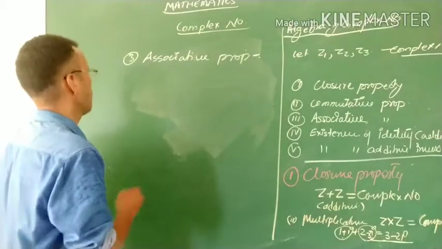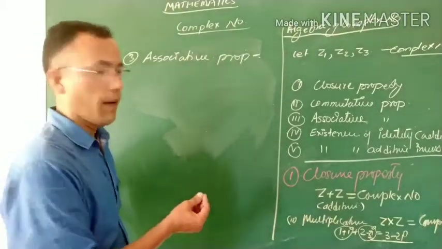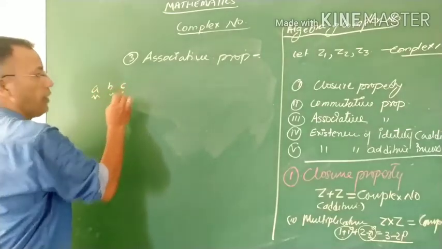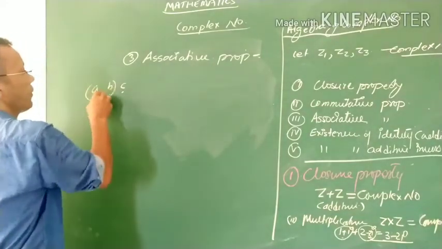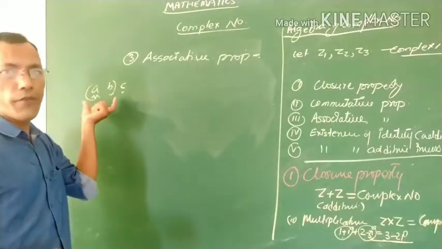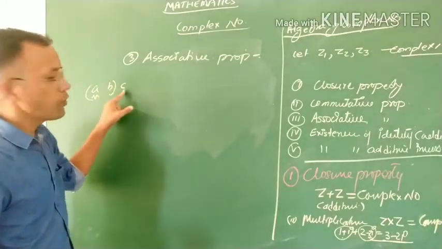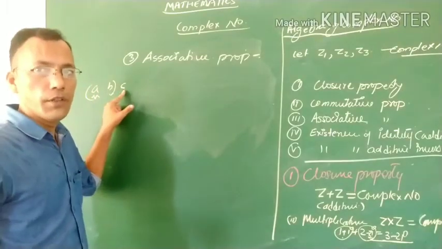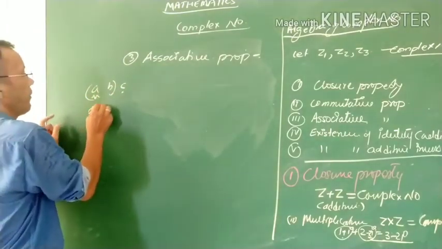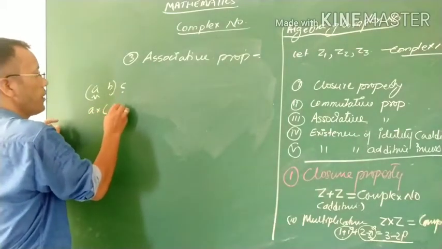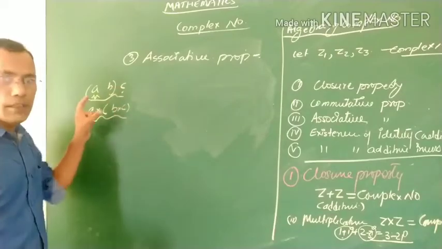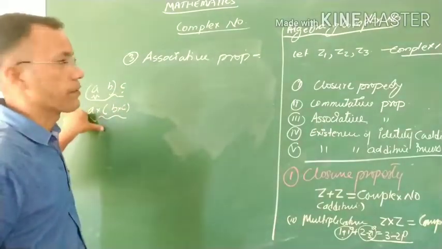I am just giving an example. A, B, and C are three friends. If these two friends are already friends, and then they associate with this third one, then all three are friends. Or A associates with B and C, who are already friends, then it does not matter. In both cases, all three are friends.